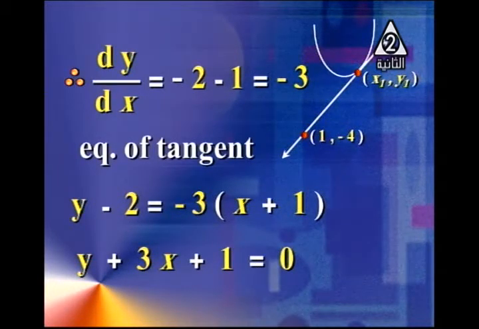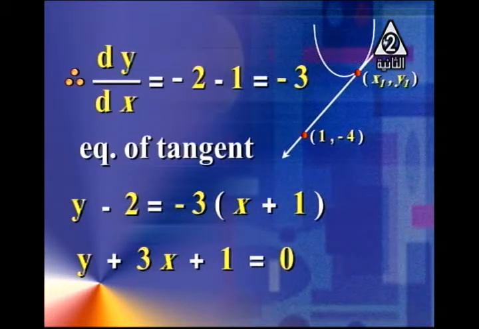by substitution into the equation of the tangent, remember, dear student, what is the equation of the tangent? Excellent student. y minus y1 equals dy over dx multiplied by x minus x1 inside the bracket. By substitution of y1 equals 2 and x1 equals negative 1.